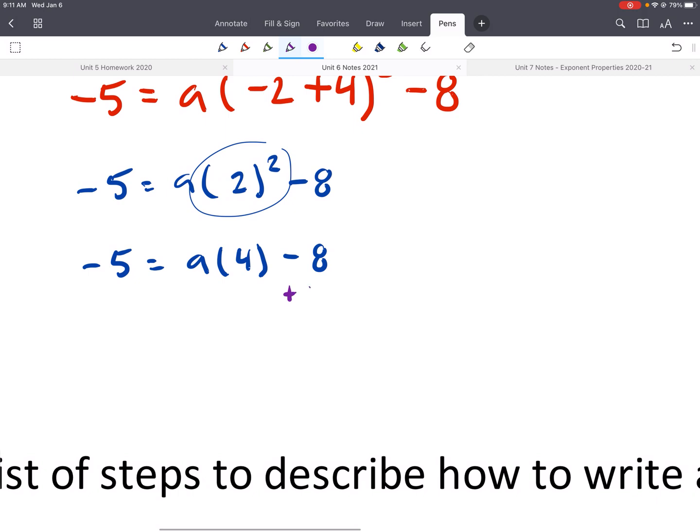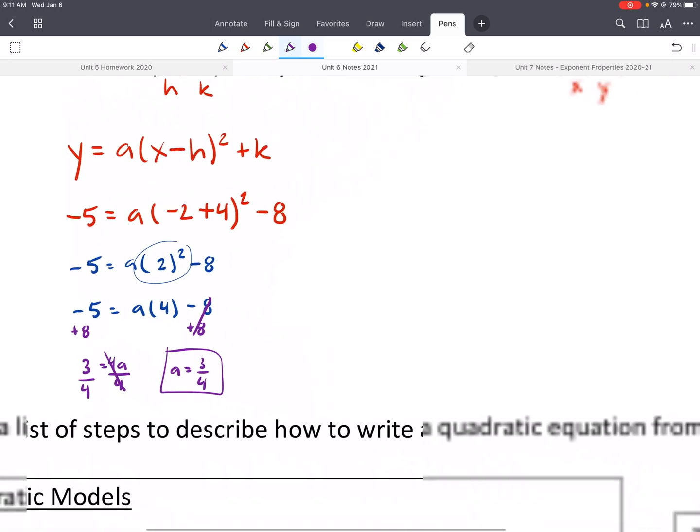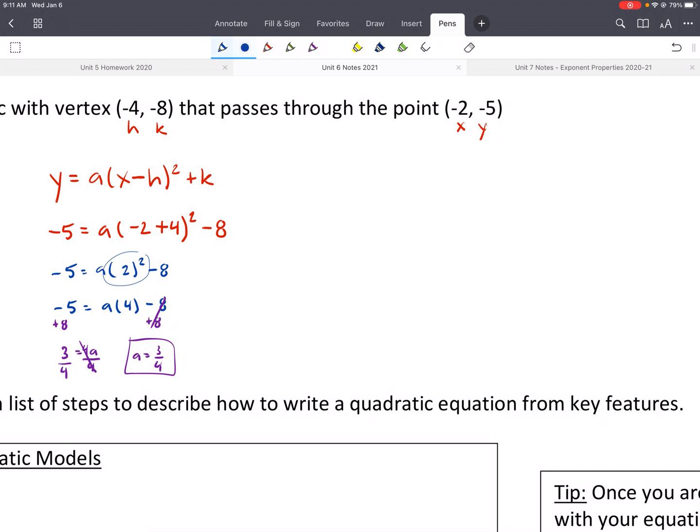So we'll need to add 8 to both sides. That gives me 3. And we get a times 4. We could even do 4a if you wanted to write it like that. And then we'll just divide both sides by 4. So here a is 3/4. Plug it in and you're set to go.